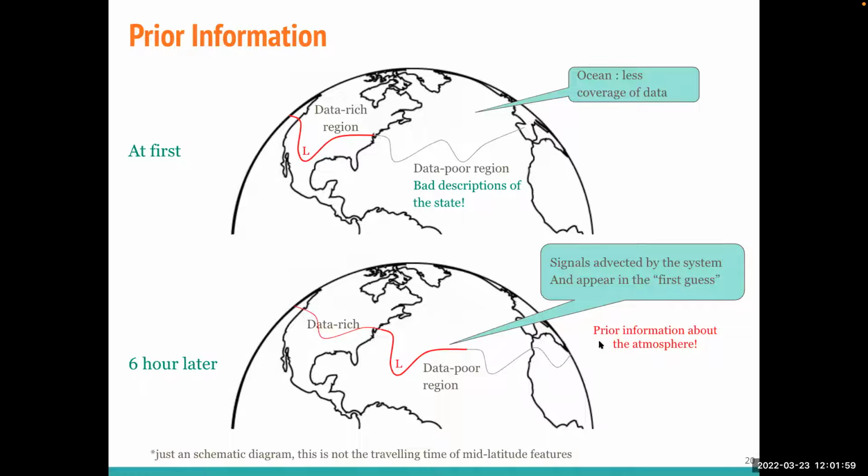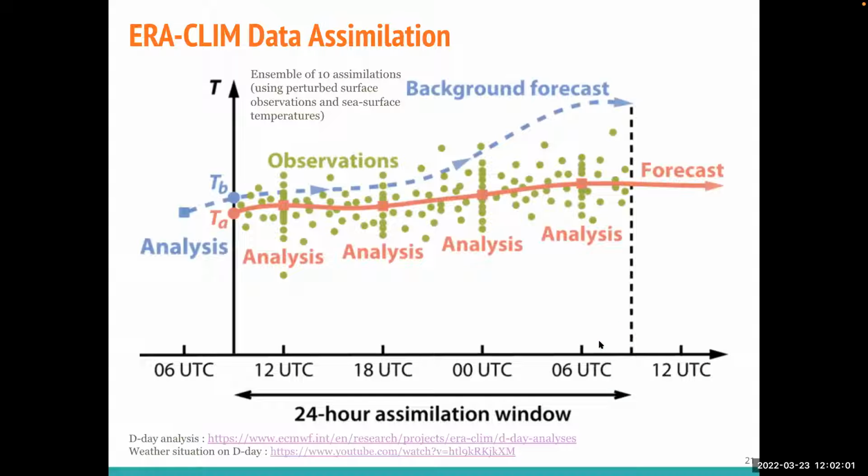So sometimes we do this. Okay, remember the analysis term. You have the analysis, which should be a combination of your background forecast and also the observation, right? You can see that the green dots are the observation. You combine them, do data assimilation, and then you run a background forecast at the same time.